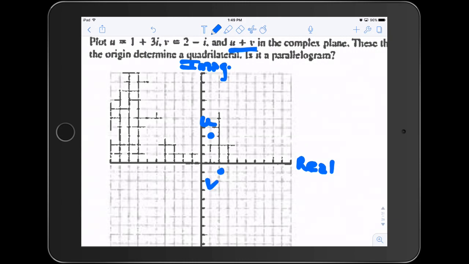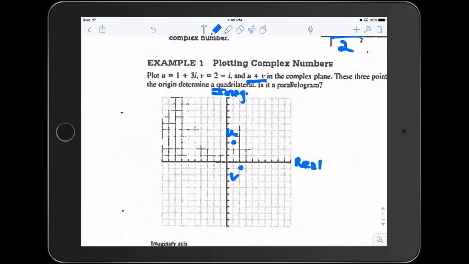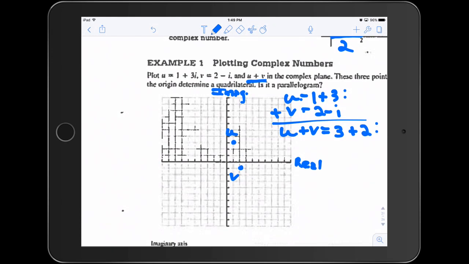And then if you add those together, 1 plus 3i, so the u point, plus the v point, which is 2 minus i, that would mean that your u plus v point is 3 plus 2i.